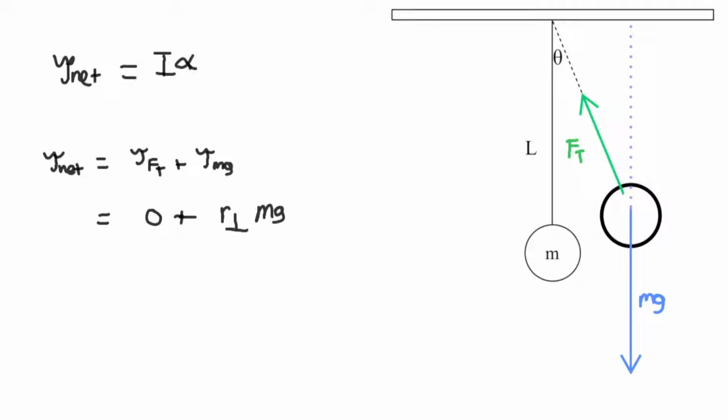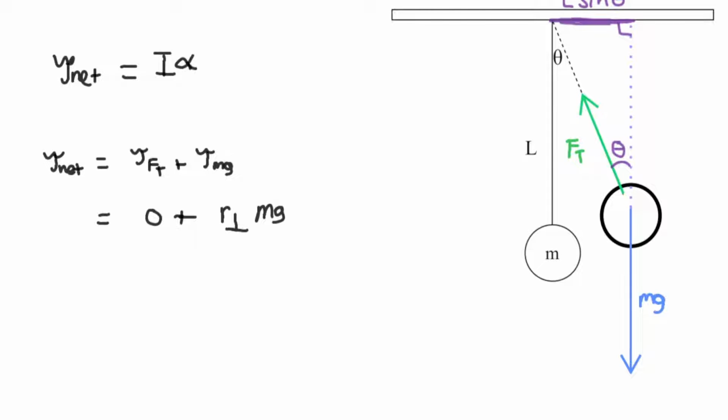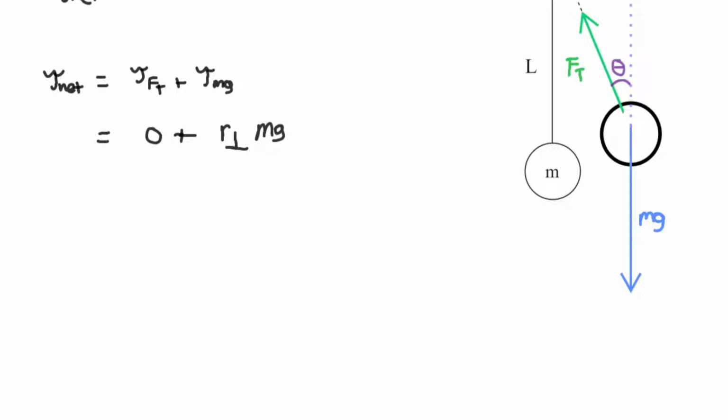Since mg is vertical, we're asking what is the shortest horizontal distance from the pivot point to the line of action. If that angle is theta, this is theta, and if the length of the string is L, we're after this side up here, which is going to be L times sine theta because it's across from theta. So our lever arm is L sine theta.